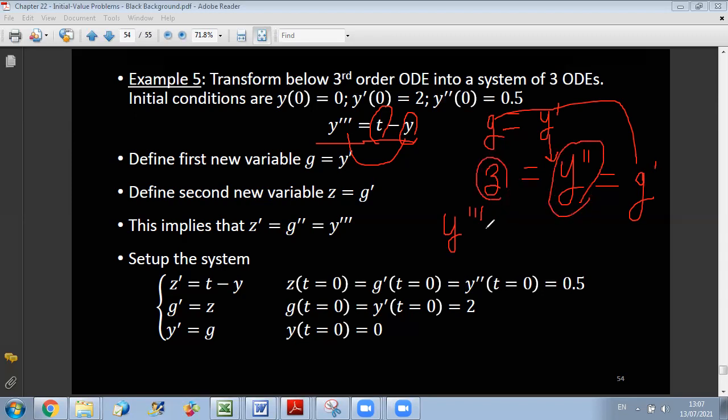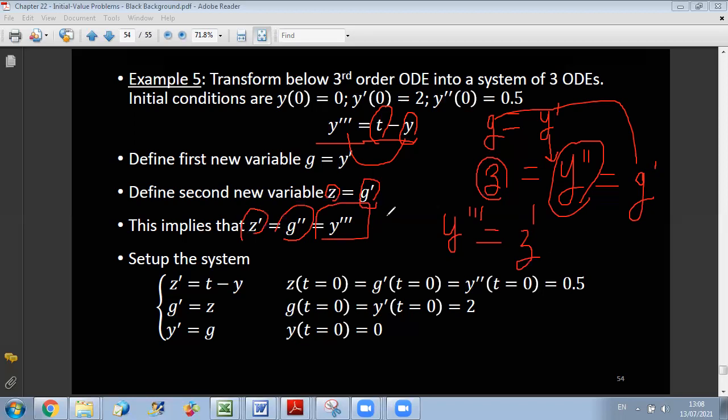So all I have to do now is say that if I define the two variables g and z as g equal to y prime and z equal to y second, then I can say that the third derivative is simply the second derivative of g or the first derivative of z. And z, which is y second, can be written as the first derivative of g.